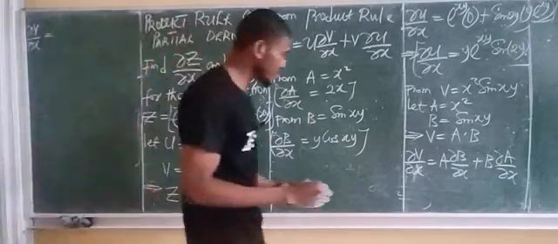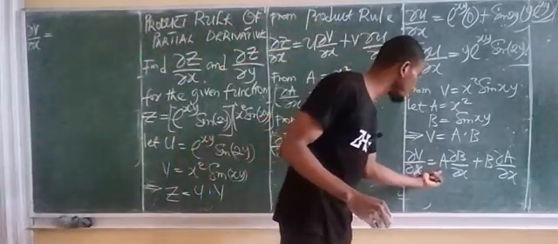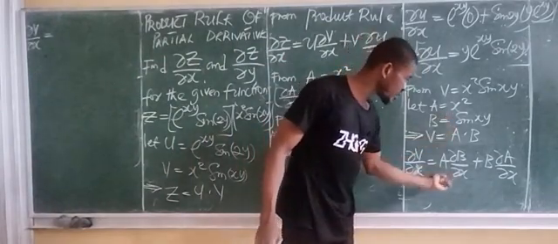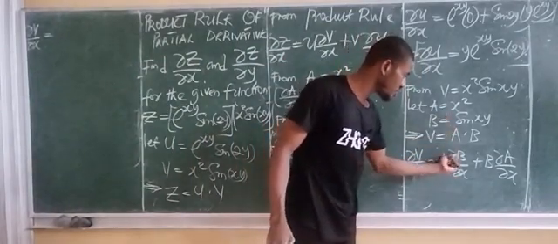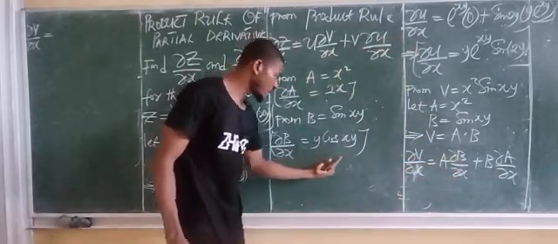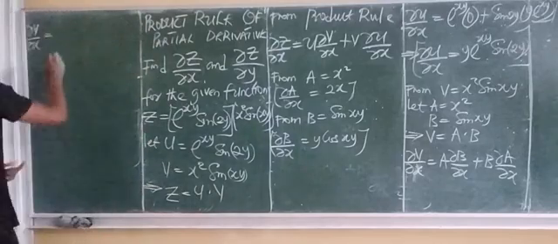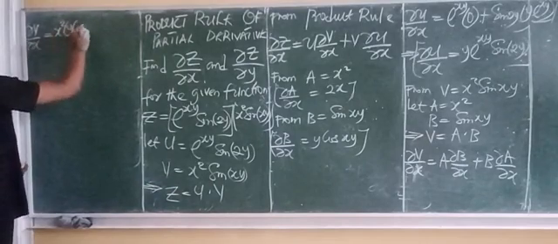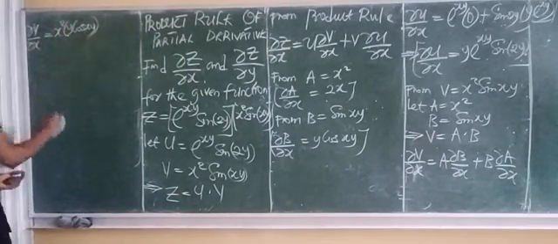So we simply said keep a constant, and we said let a be simply what? x squared. Then differentiate b with respect to x. So the b, the x simply gave us what? y cos xy. So keep a, which is simply x squared. Differentiate b with respect to x, we had y cos xy.